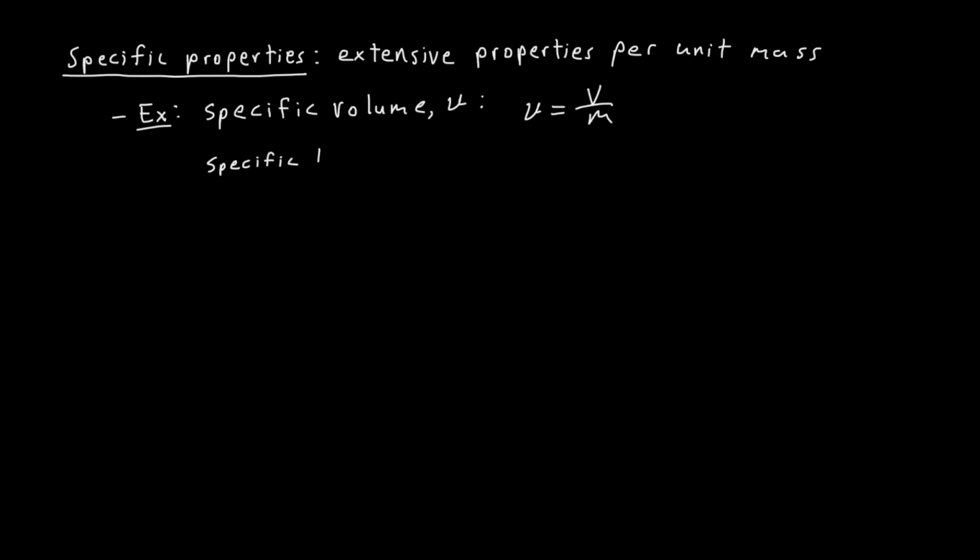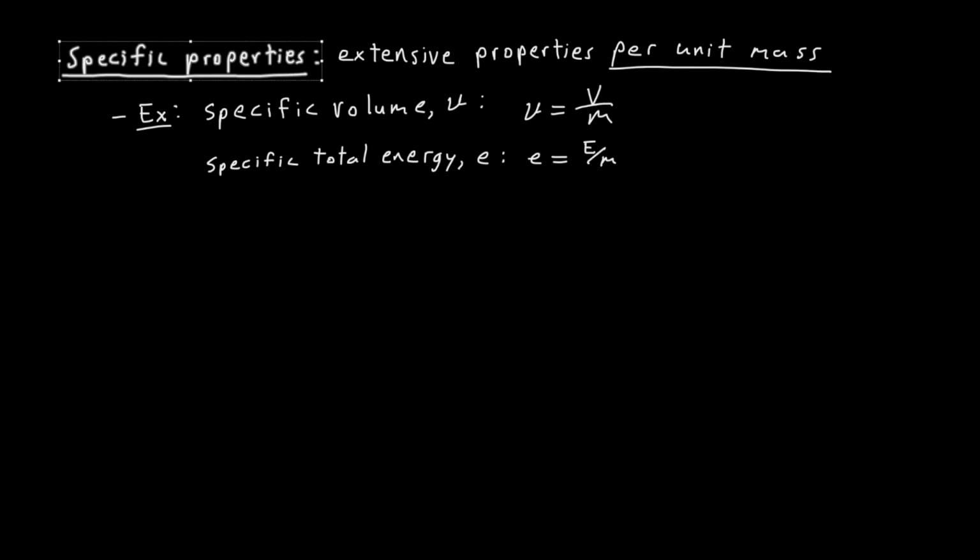And another one is specific total energy, lowercase e, which is total energy per unit mass, capital E over m. So again, note that these are all properties per unit mass. In other words, properties divided by mass. And also notice that these are typically denoted by lowercase letters.